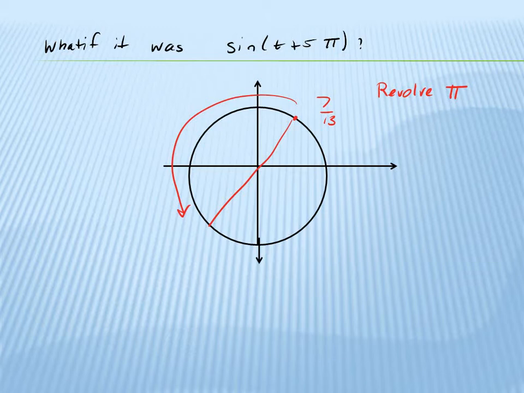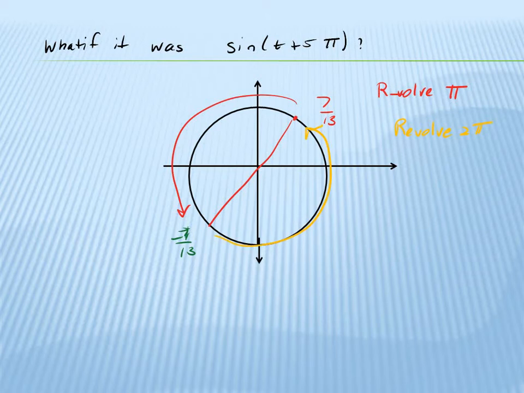Whatever you are here, it's the negative y value over here. And whatever you had here, it's a negative x value of whatever you started. So the cosines and sines are negatives. Let's go 5 pi. So that's negative 7 over 13.